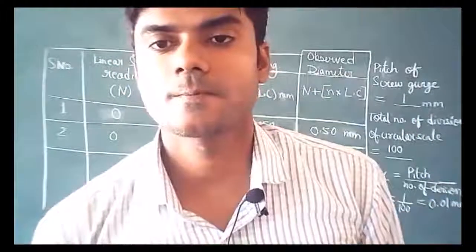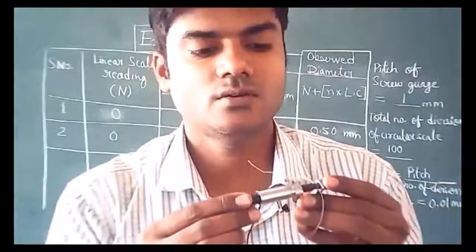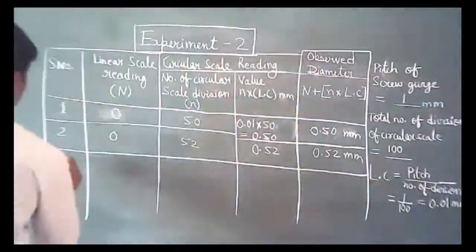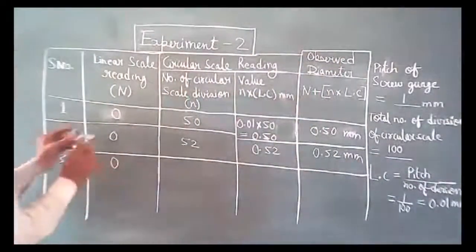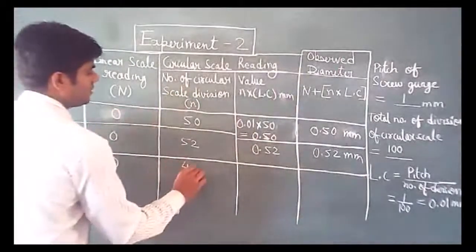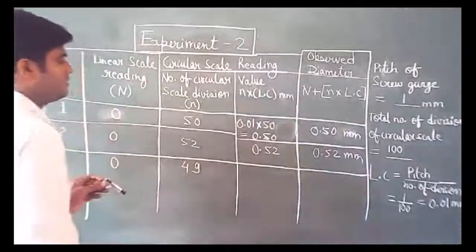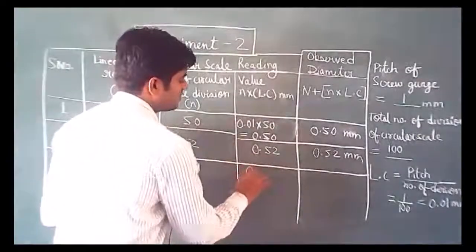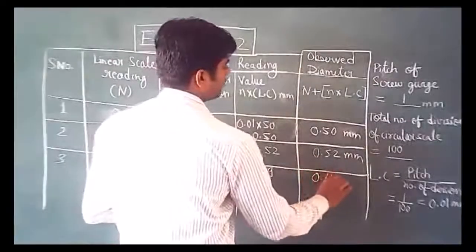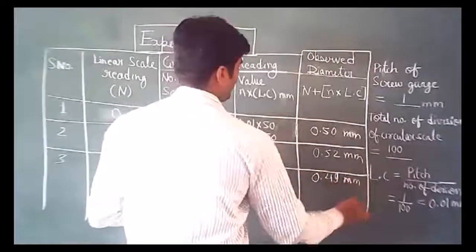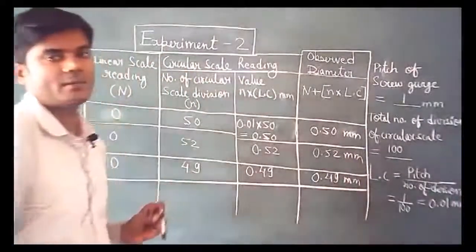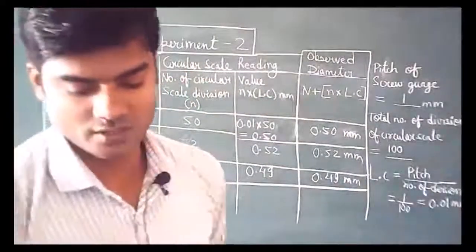No, 49, 0.49, isn't it? So the third linear scale reading is 0 only, then this is 49, means n into LC is 0.49, and this will become 0.49 mm. So this was our reading.